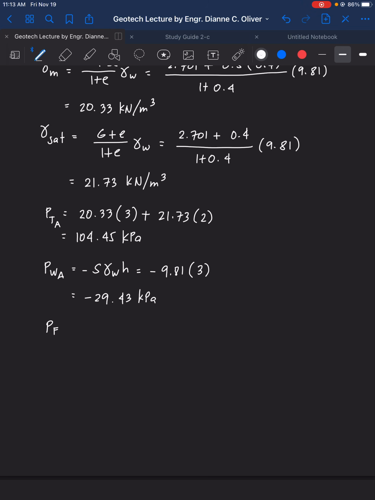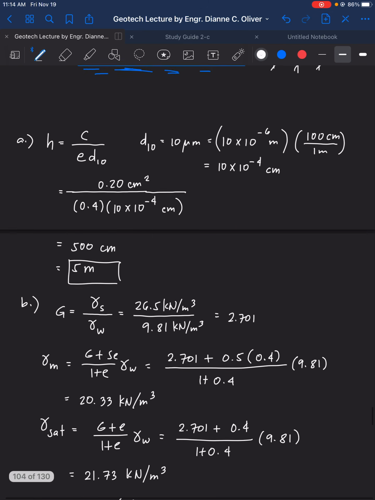Therefore, we have P effective at A is equal to 104.45 minus, or should I say minus negative 29.43. So it will result in addition, and the answer here is 133.88 kilopascal. So that's the P effective for point A.